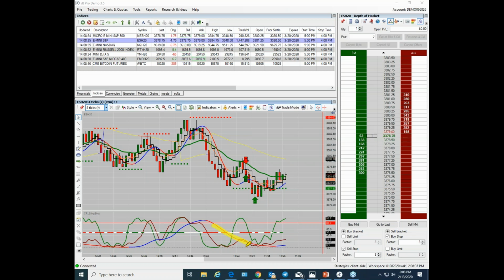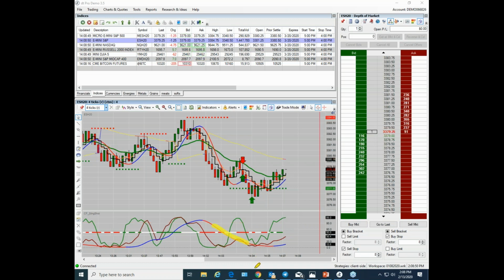The same reason why we wouldn't get long or short if it was a different color and pointing up against us, hitting us at a 45-degree angle. Why would we do that? We just said we want a 45-degree angle at our back. So the same principle applies. Okay, so that's important.